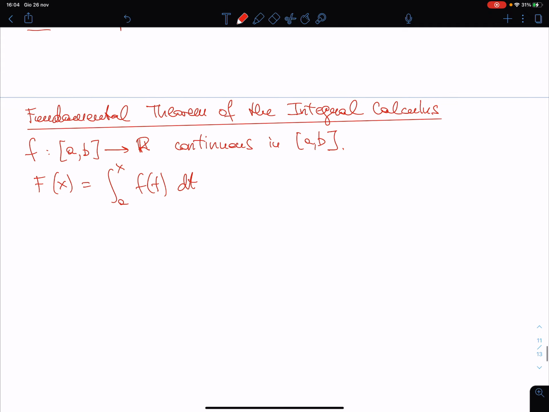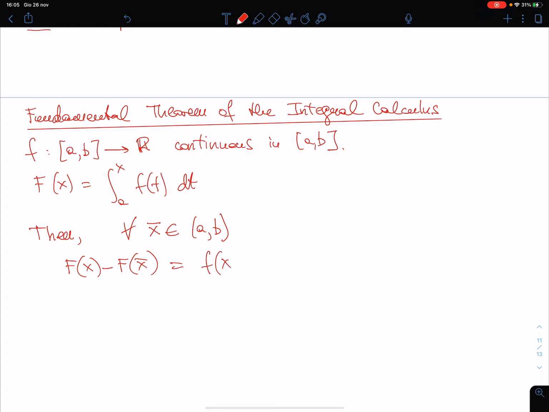Then for every x bar in [a, b], we have that capital F of x minus capital F of x bar is equal to what? To small f of x bar times x minus x bar plus little o of x minus x bar for x going to x bar.